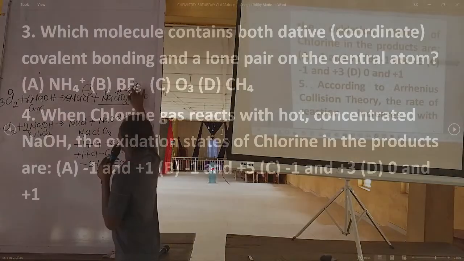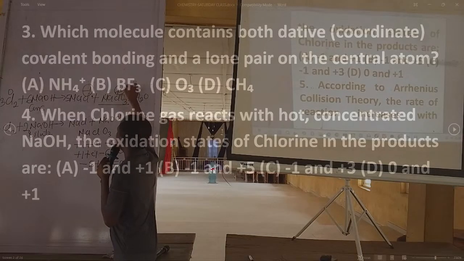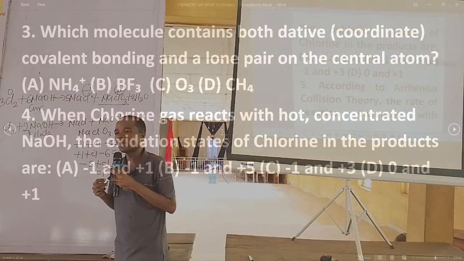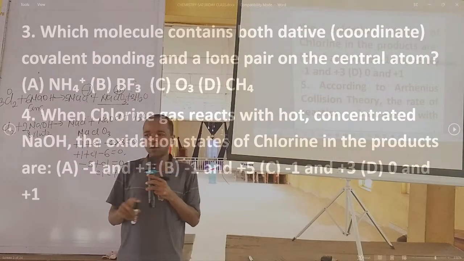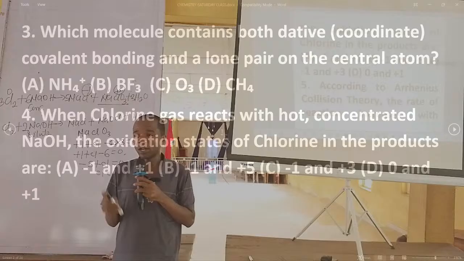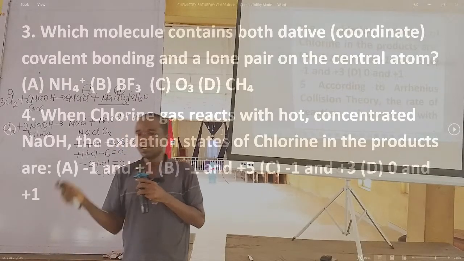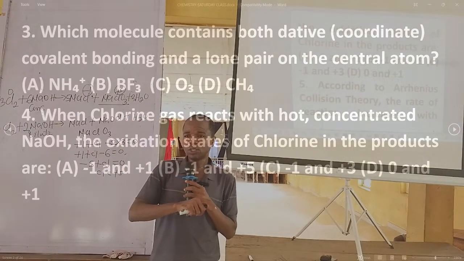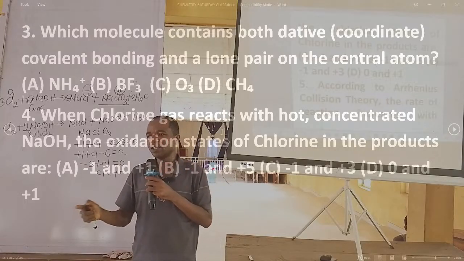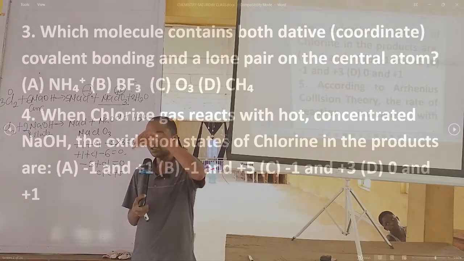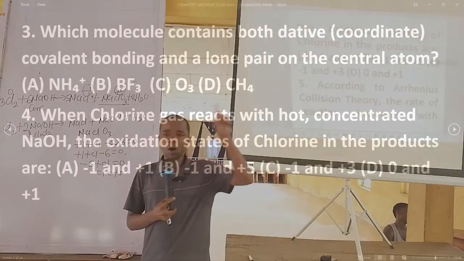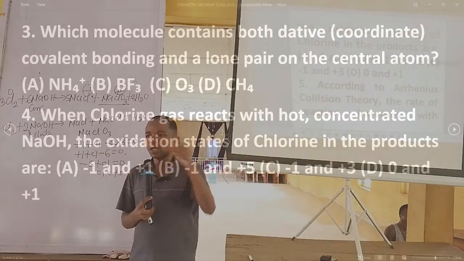But it also increases to form +5 here, meaning that the oxidation number of chlorine does two things. It reduces, which means it became reduced, and it also increases, meaning it became oxidized. So you have a single element that is undergoing oxidation and reduction simultaneously.